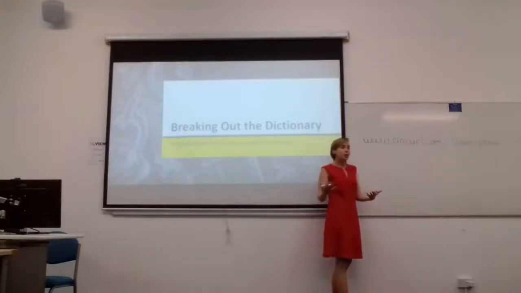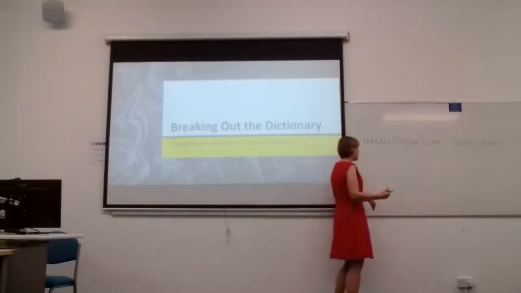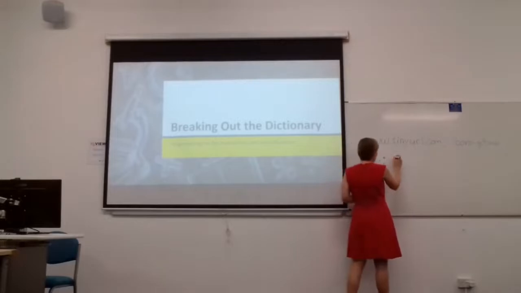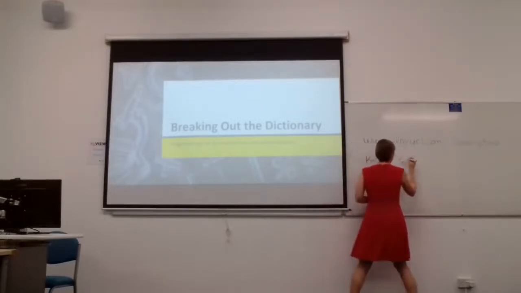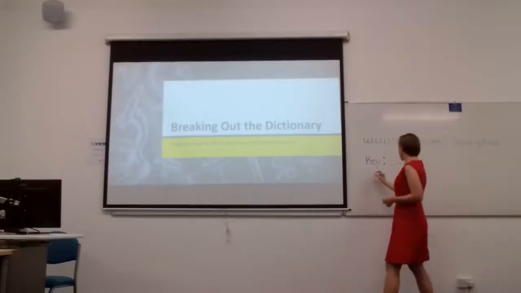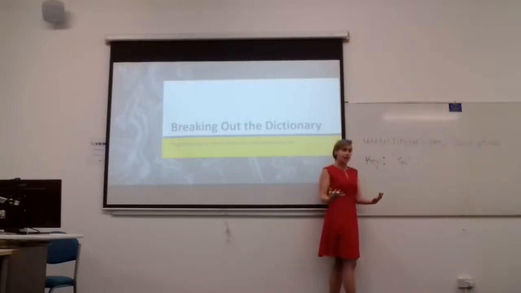The same way you would think of a dictionary or an encyclopedia, where you have a single key, and then you have a value, such as this. So key and value. And the key can be anything.